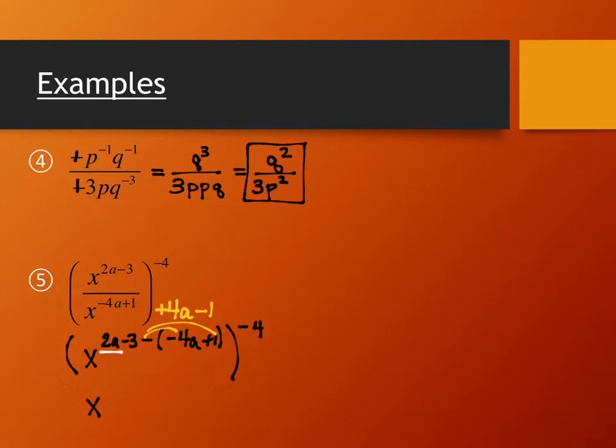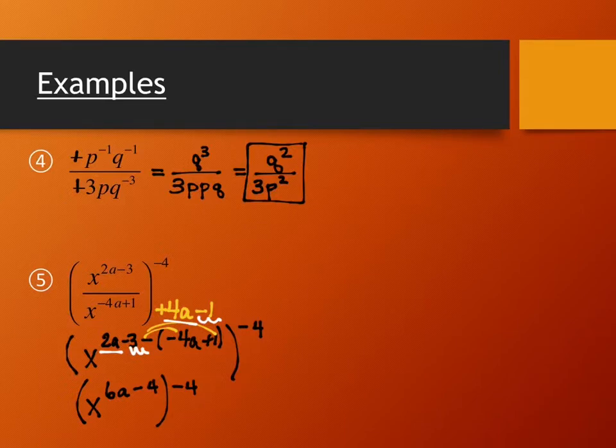So I have 2a and 4a, which gives me 6a. And then I have -3 and -1, which gives me -4. And all of that is raised to the power -4.